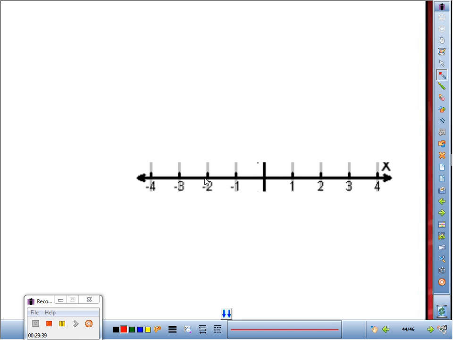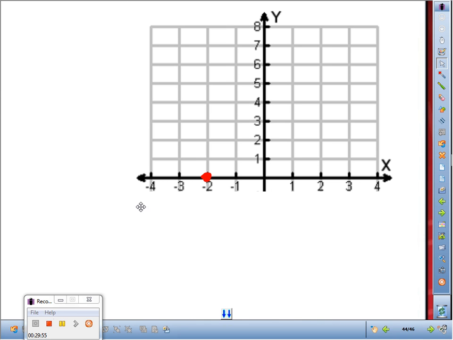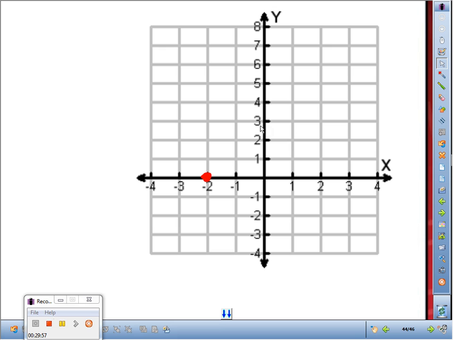At negative 2, right there, right? And we would be done. But since now we are in two variable equations, we now have a y-axis. Do you guys see the y-axis here? Yeah. That means that there has to be a line going through this point. Let me show you that line.